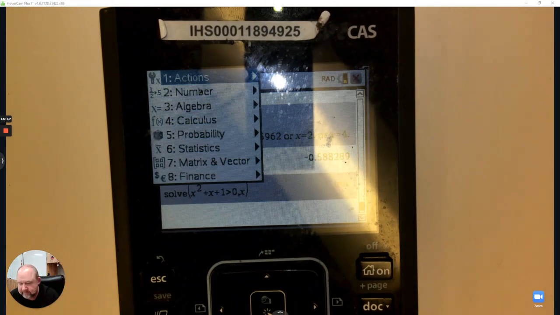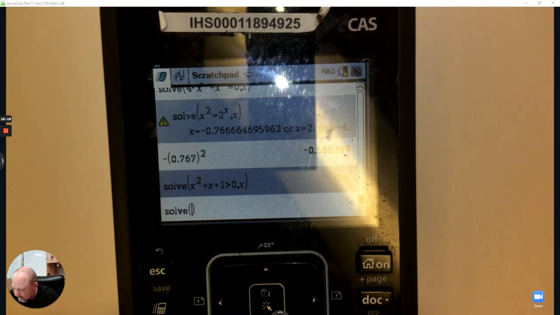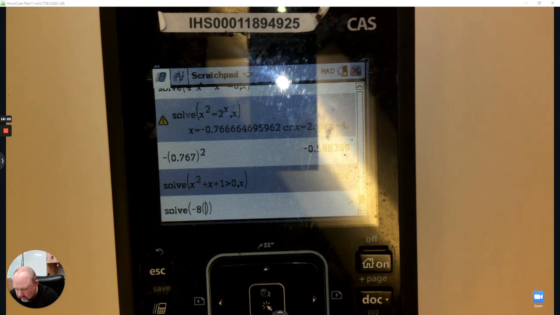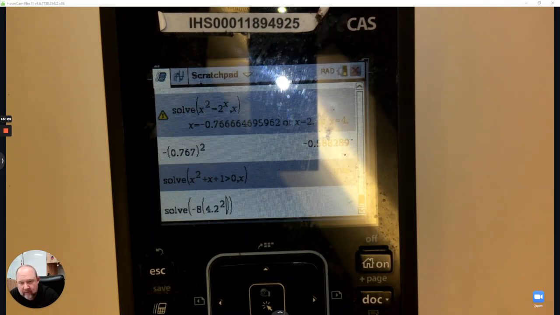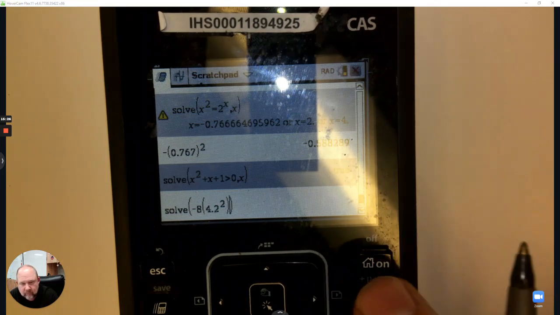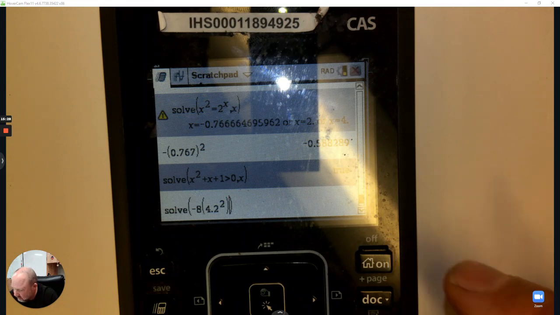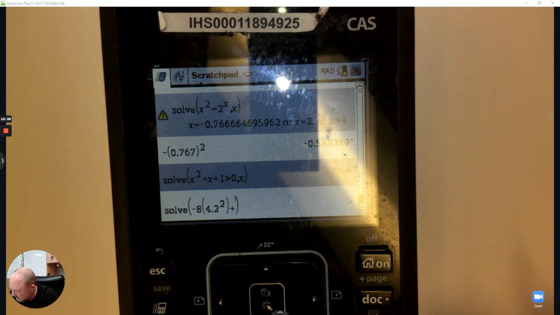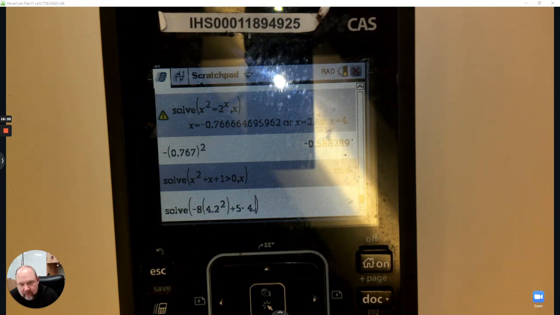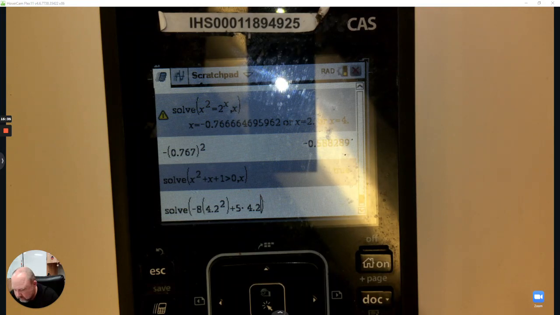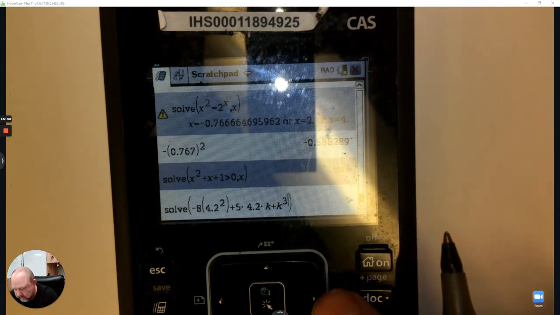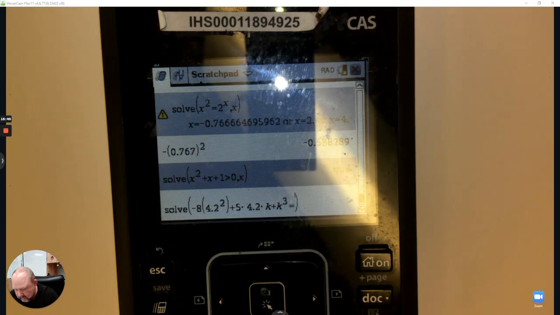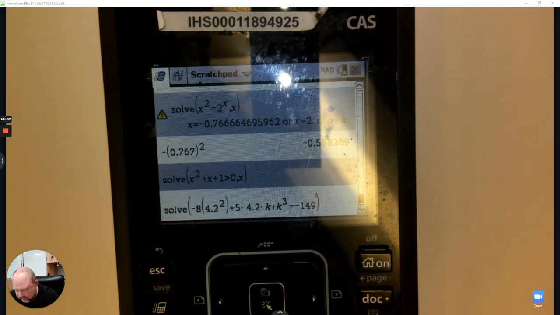Menu, algebra, solve. So you have negative 8, 4.2 squared plus 5 times 4.2 times k plus k cubed equals negative 149, comma k.